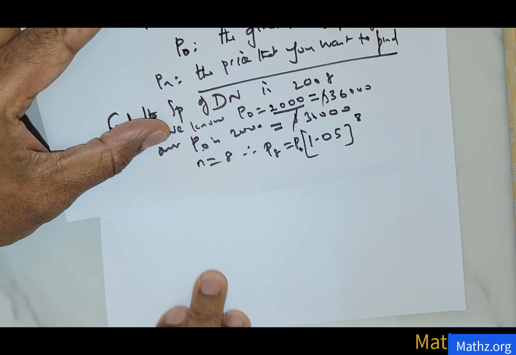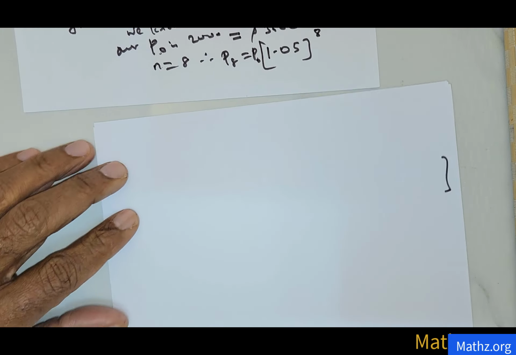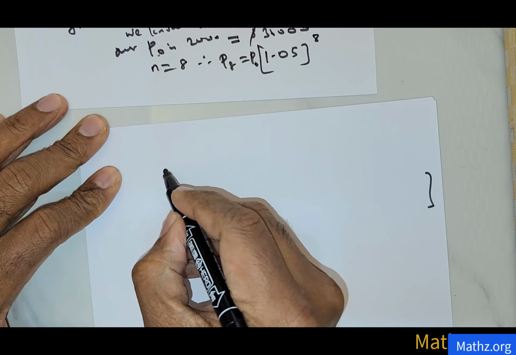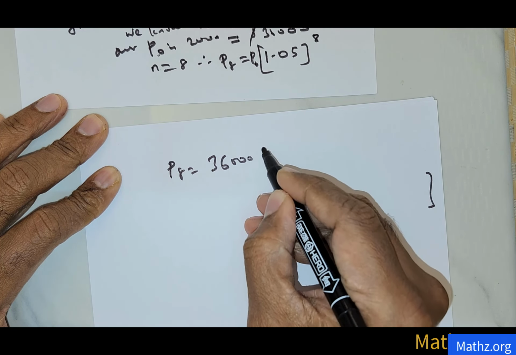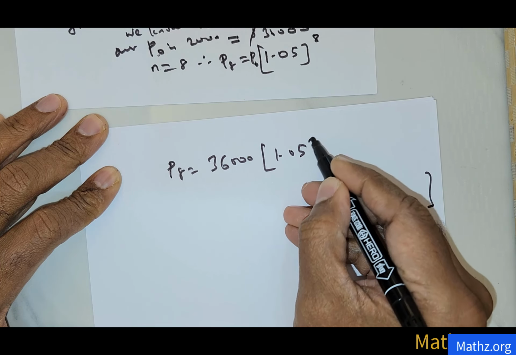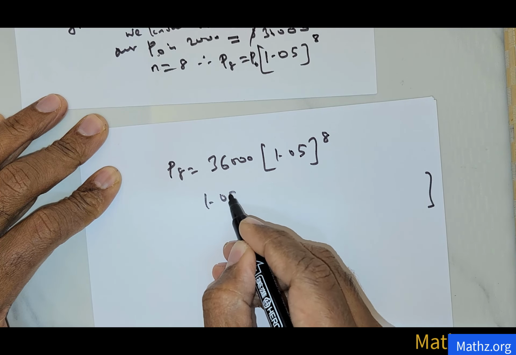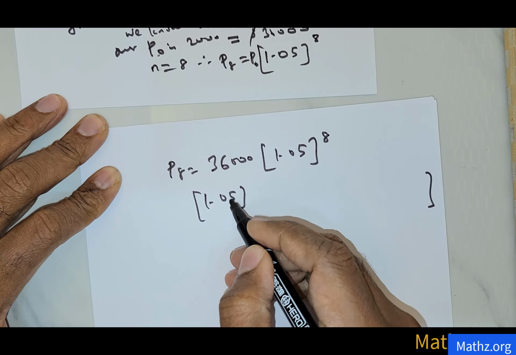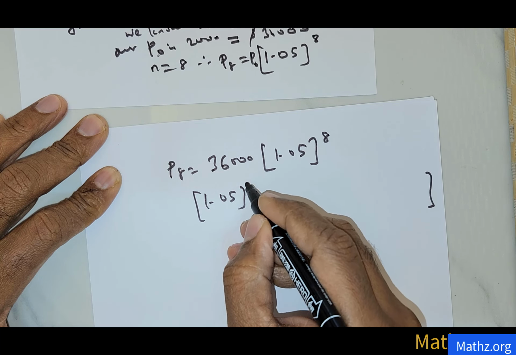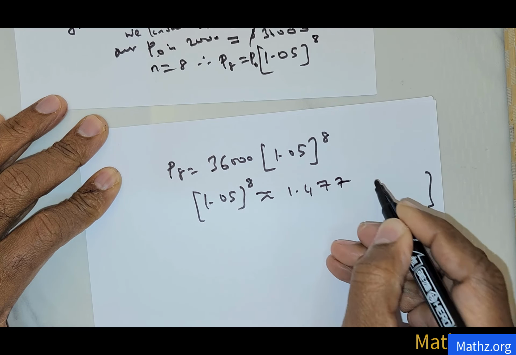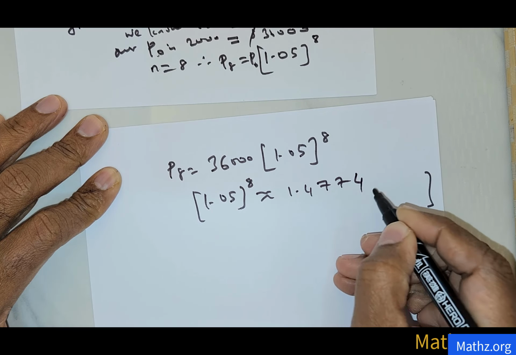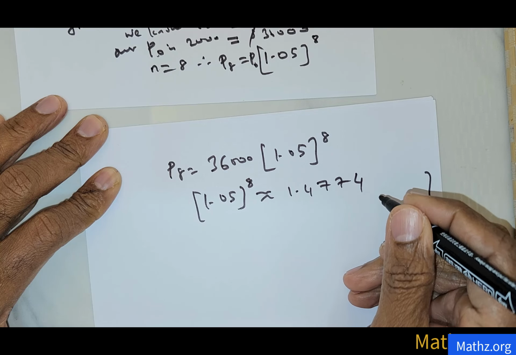If I were to use the calculator, P8 is equal to P0, 36,000, times 1.05 raised to the power of 8. Now if you use your calculator, 1.05 raised to the power of 8 is approximately 1.4774.